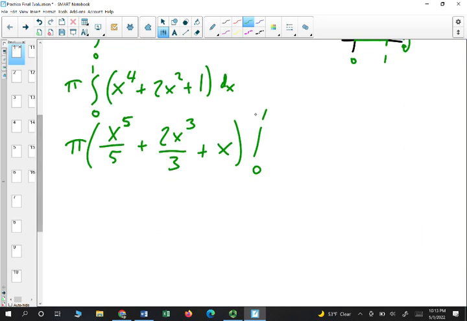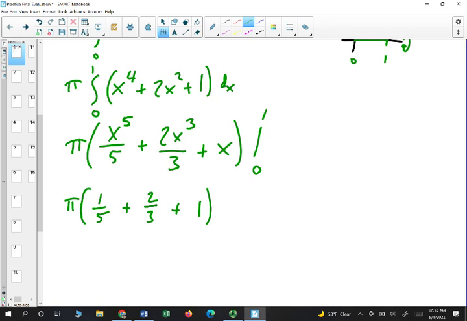And now we can plug in our limits of integration. 1 to the fifth is 1. 1 to the third is 1, times 2 is 2, plus 1, minus 0. They'll all be zeros.